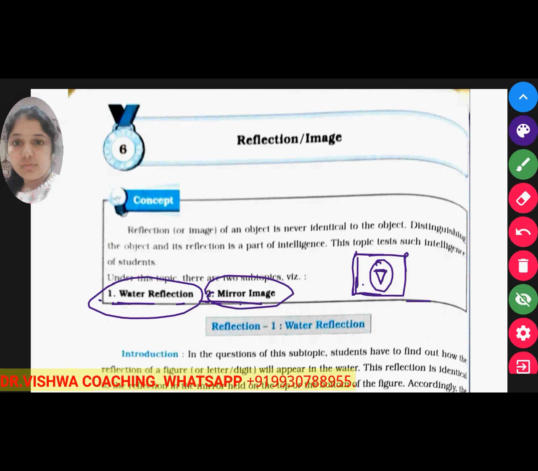When we identify the water image, the triangle which is facing down will face up. So in water reflection, whatever is in the upside goes downward, and whatever is in the down comes up.